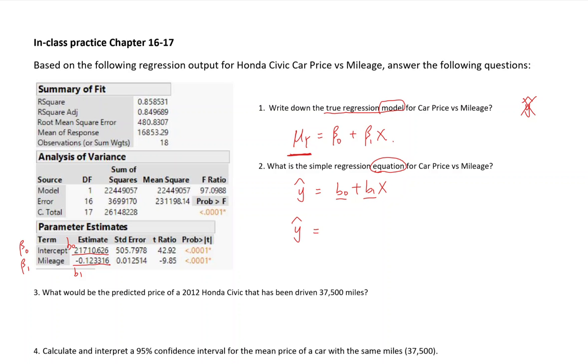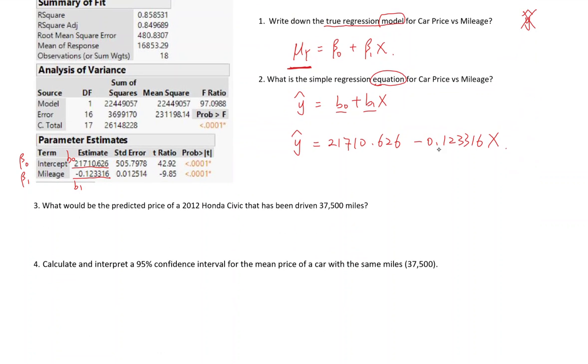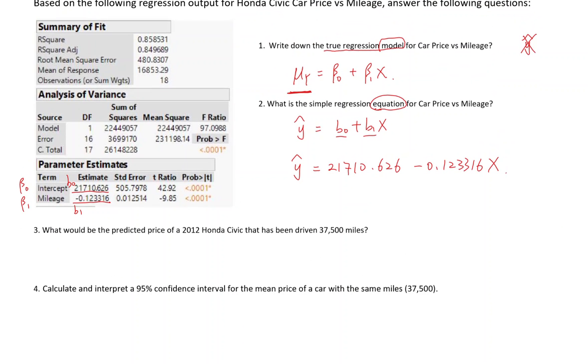So the simple regression equation will be y hat equals 21710.626 minus 0.123316x. So this is the simple regression equation. Some of you just rounded to one digit or even kept the integer. I will not suggest you do this, because even though this is a small number, x is a big number. x is the mileage of a car, so it will be a big number.